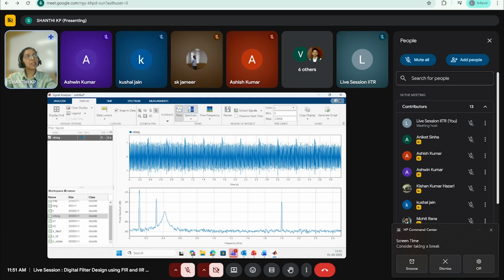Now you see the power spectrum, or frequency domain visualization, of the vibration signal. Now it's very clear which frequency points are useful for this vibration signal, and which is the peak that is noise.